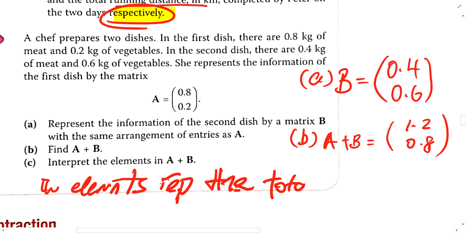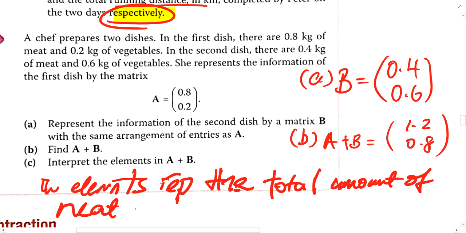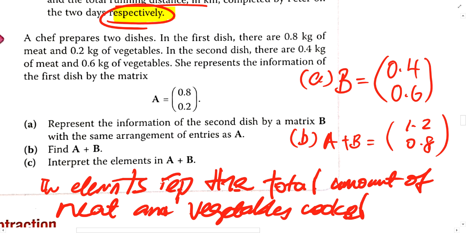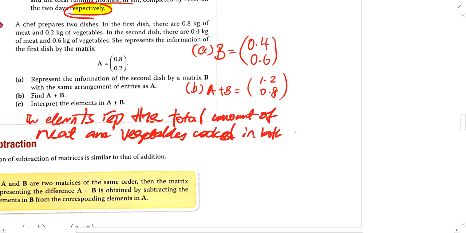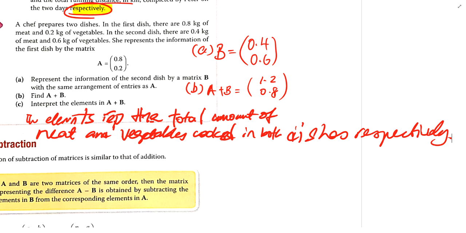Total amount of meat and vegetables cooked in both dishes respectively. Okay, make sure you have all these keywords. Total amount of meat and vegetables cooked in both dishes respectively.